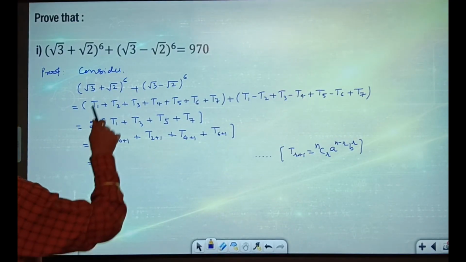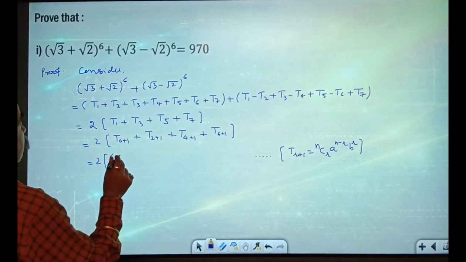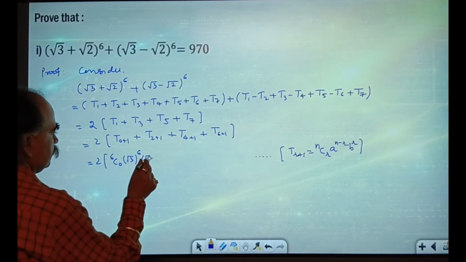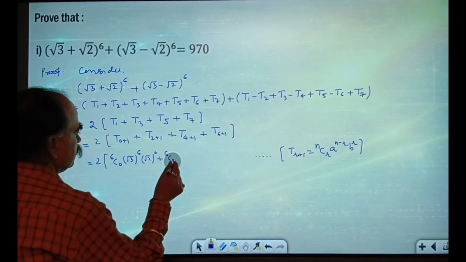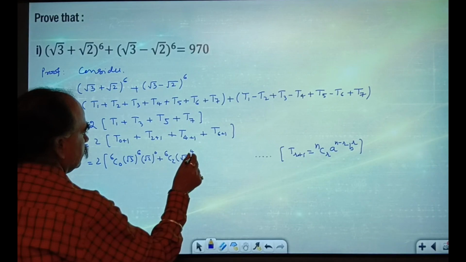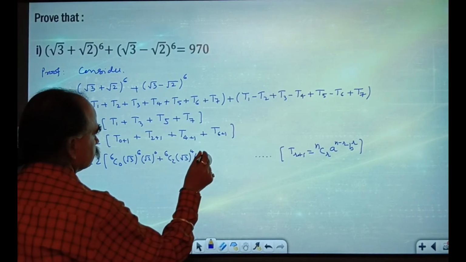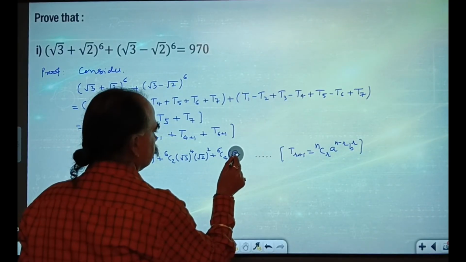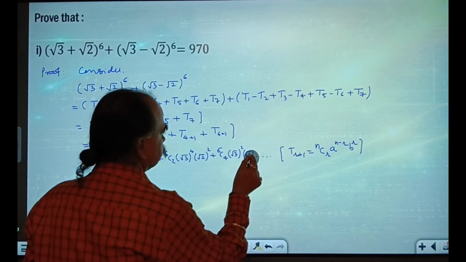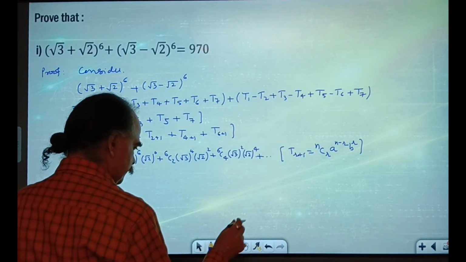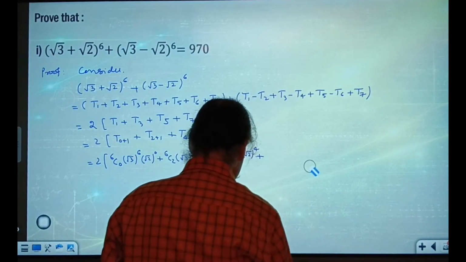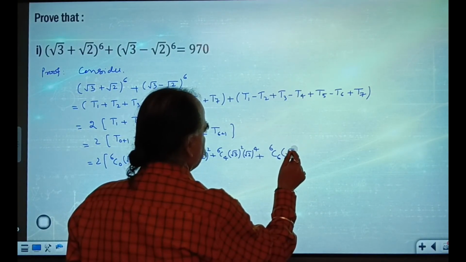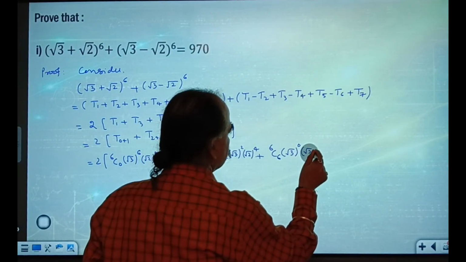So 2 times, n is 6, 6C0 root 3 raised to 6 minus 0 and root 2 raised to 0 plus 6C2 root 3 raised to 4 into root 2 raised to 2, 6C4 root 3 raised to 2 root 2 raised to 4, plus 6C6 root 3 raised to 0 into root 2 raised to 6.